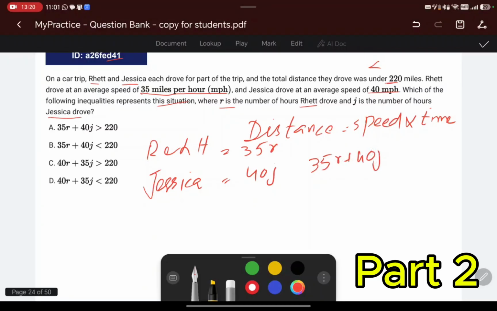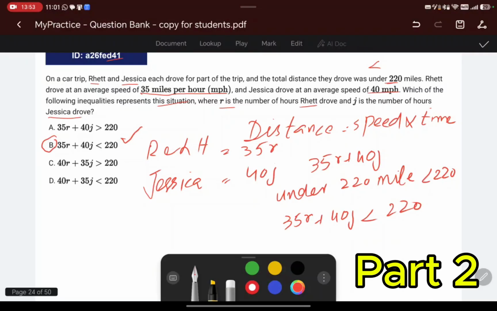And since the total distance is under, how much? Under 220 miles. So you can use this one as it is. So it will be 35R plus 40J less than 220, and that is B, the answer. So it will be B. What matters is the understanding of the question. If you understand the question, you can easily answer this question.